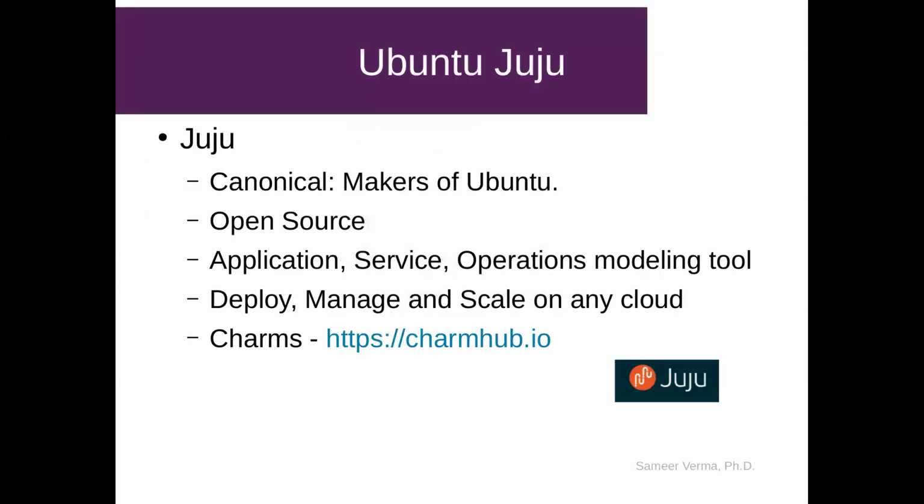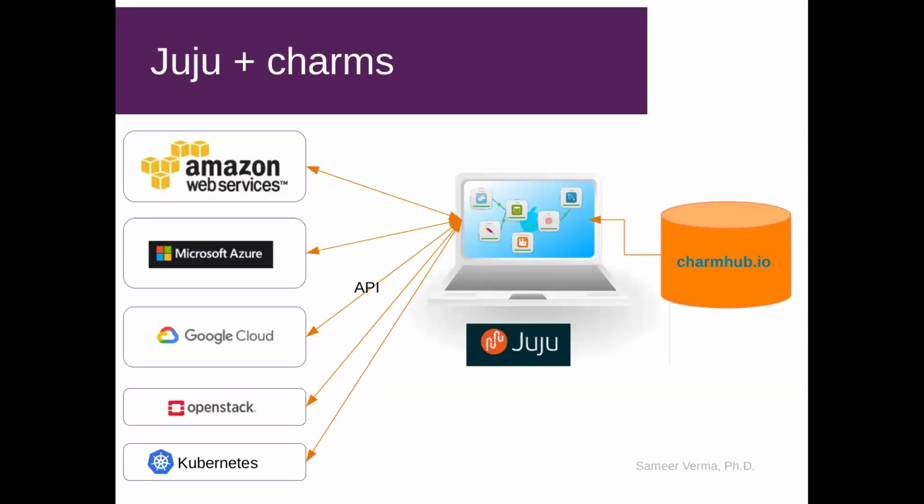So we'll come to this in a bit, but this is one of the components we'll look at. And the way it works is that it is agnostic to the cloud provider, right? So you can see that you have Charm Hub, which has all the models for the software. And then you use the API to connect to Amazon or Google Cloud or even Kubernetes for that matter, right? It doesn't matter.